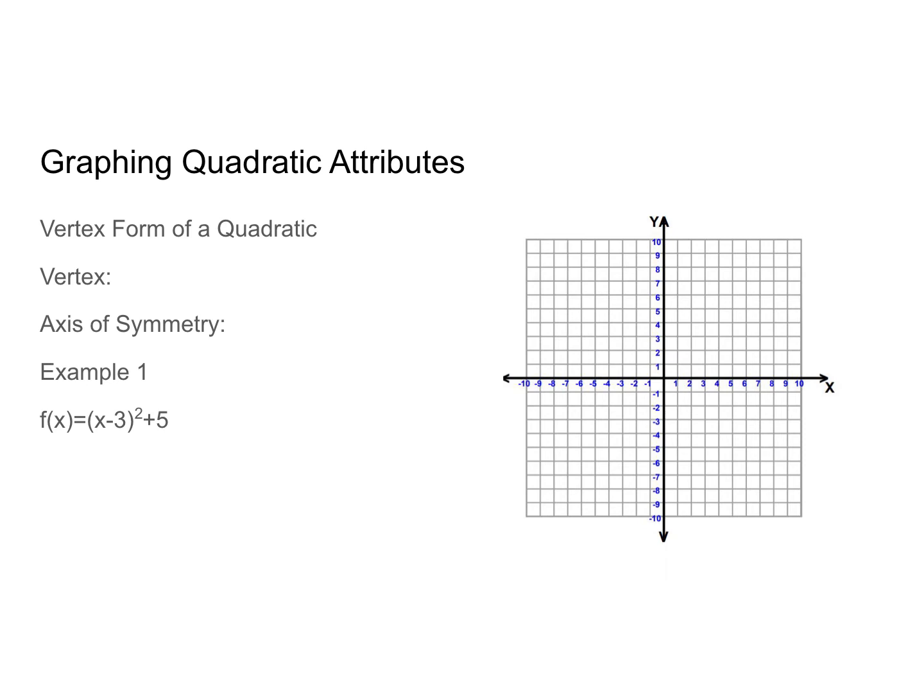So the first thing I want to talk about is the vertex form of a quadratic. And that can be written as f of x is equal to a times parentheses x minus h squared plus k. So sometimes our quadratics are behaving really nicely and they're written in this form that we call vertex form.